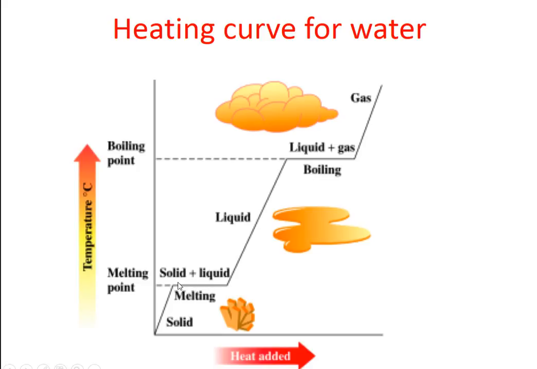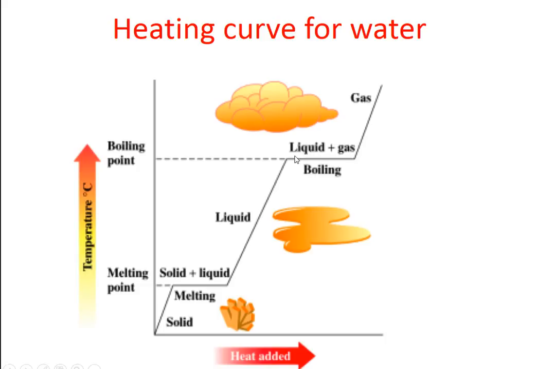But you can see here that the temperature is not changing. The graph is flat. And then when all the ice has melted, when all the ice becomes liquid, the temperature will start changing again. It will start rising until you reach 100 degrees Celsius. Now this is the boiling point.